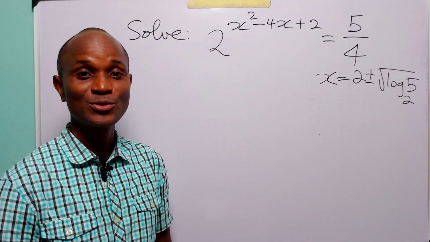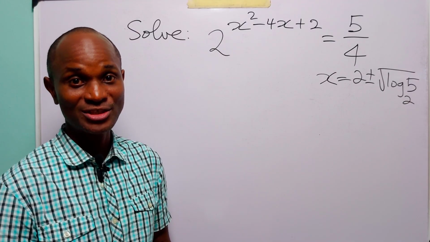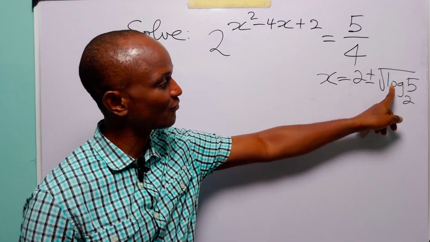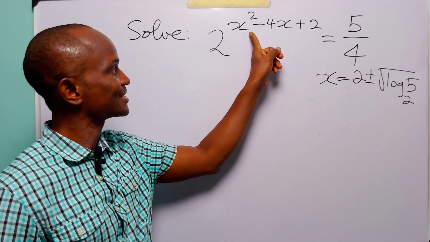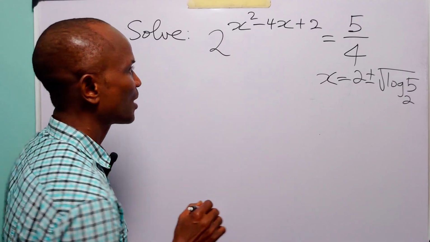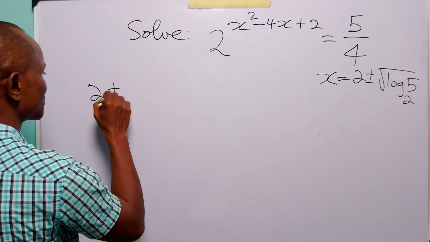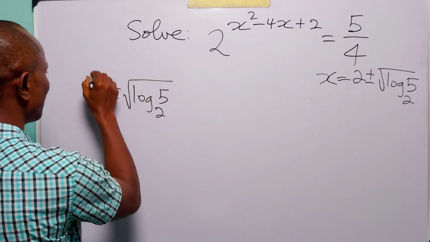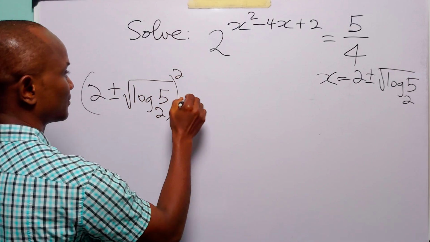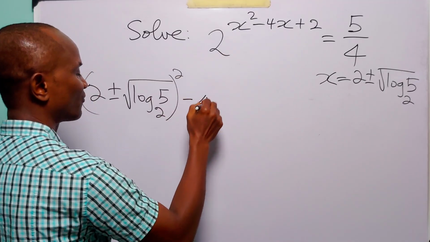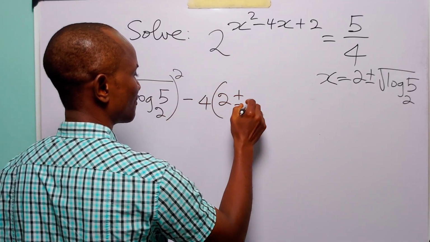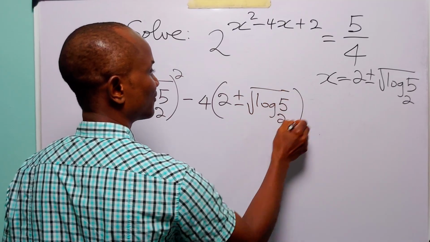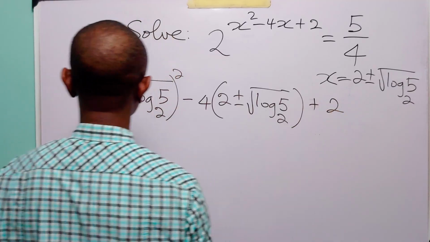Now to check our answer and also do some fun exercise in algebraic manipulation, let us substitute this value, that is 2 plus or minus the square root of log to base 2 of 5, for x in this exponent. When we do that, we have 2 plus or minus the square root of log to base 2 of 5, squared, minus 4 times 2 plus or minus the square root of log to base 2 of 5, plus 2.